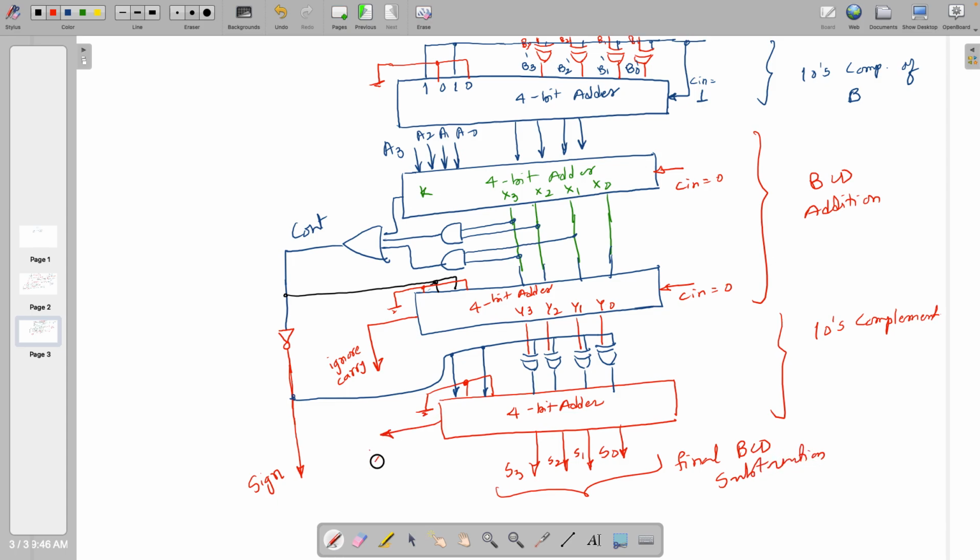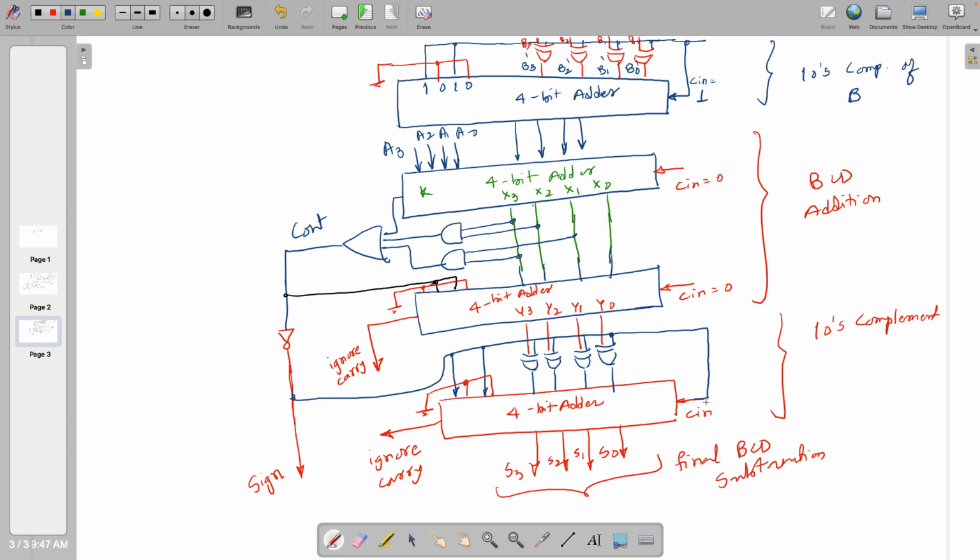If carry is generated, then ignore that carry. And in this process, we have to keep Cin equal to 1, because it's not only inverting the bits with 1010, but you need to add Cin equal to 1 also.